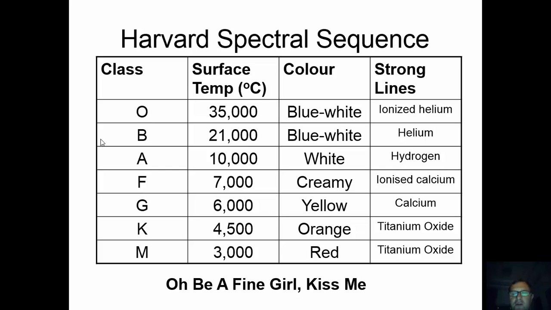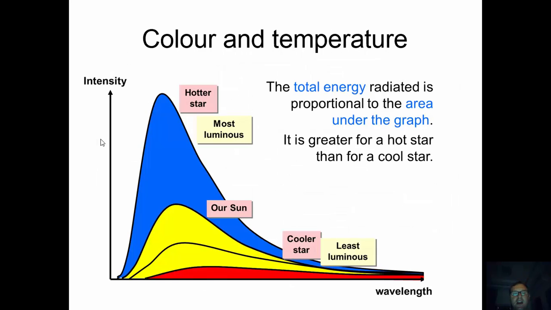So back to what I was saying about colour and temperature. Due to the fact that a star acts a lot like a black body, what we see is that the peak of radiation is at a different wavelength.